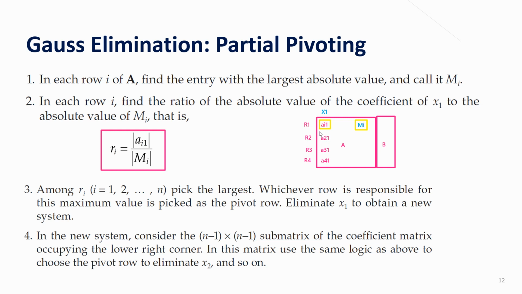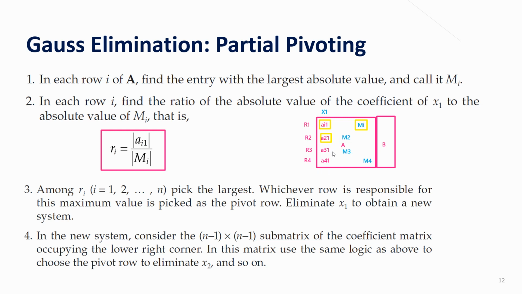This one, they may have their own M here, for example the value of their M2, let's say here M2, here maybe M3, this one maybe M4, okay. So you find the ratio.